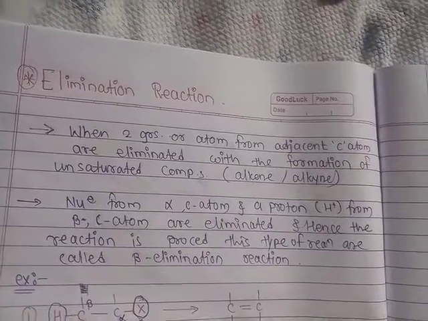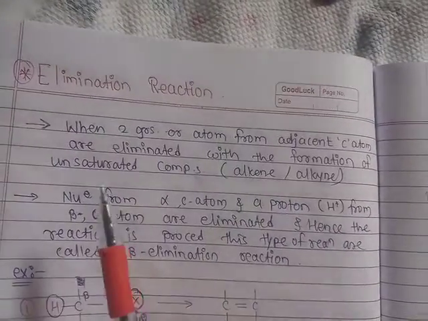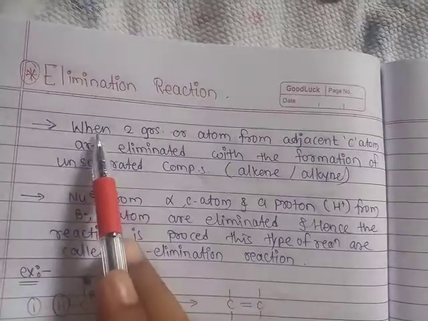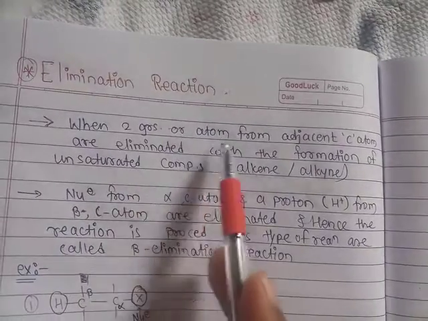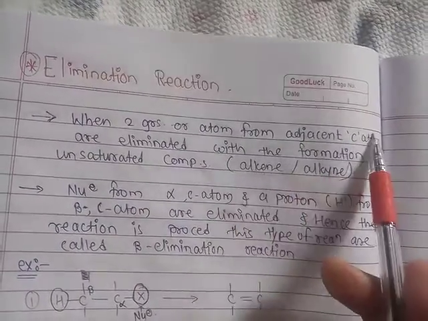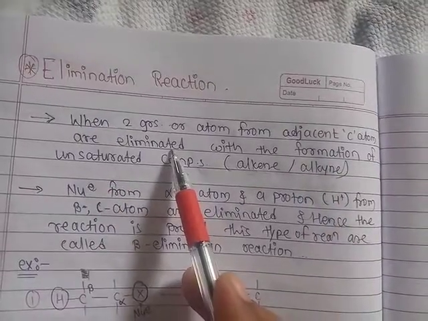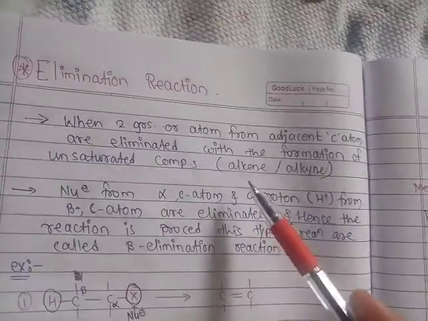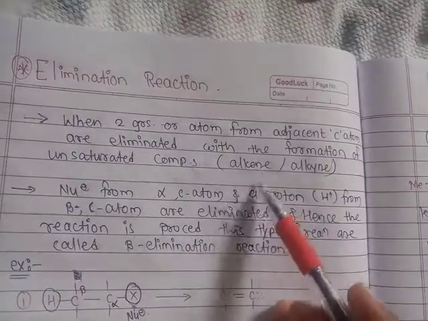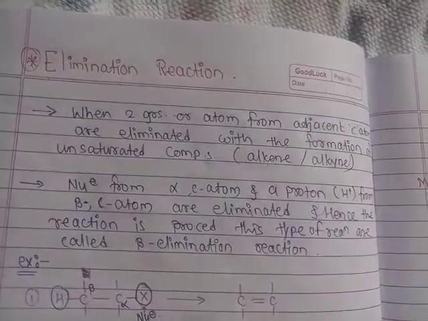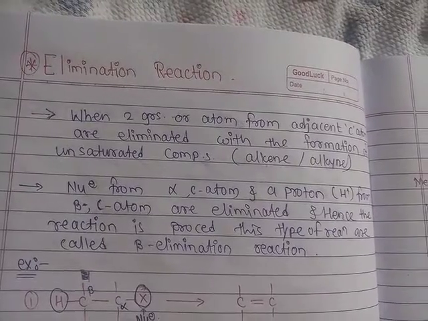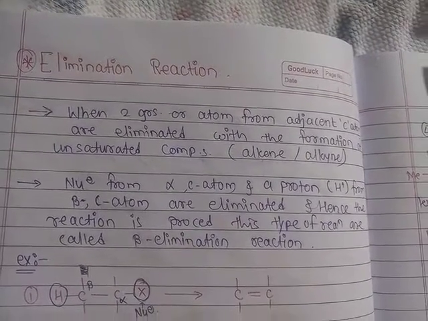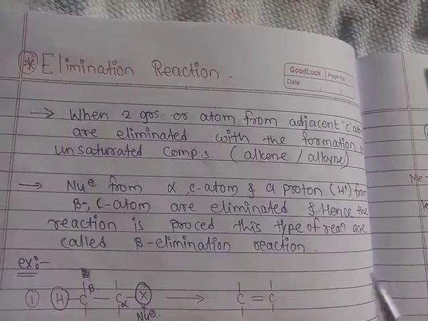Here I have written two definitions of elimination. First, when two groups or atoms from adjacent carbon atoms are eliminated with the formation of an unsaturated compound, at that time we get two types of unsaturated compound, nothing but alkene or alkyne.